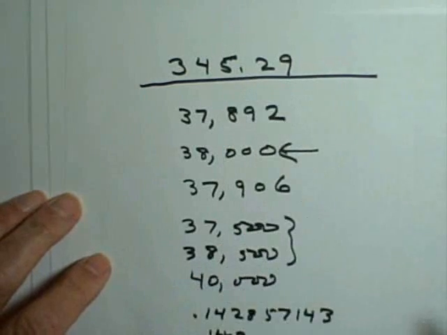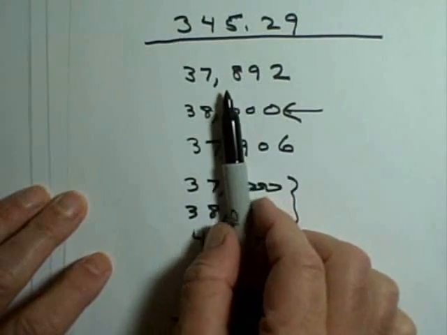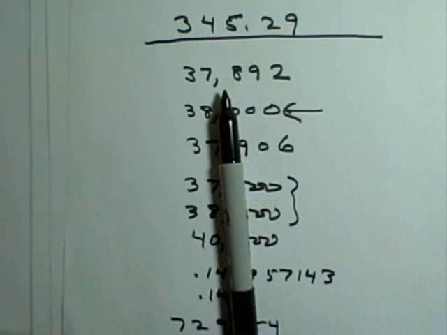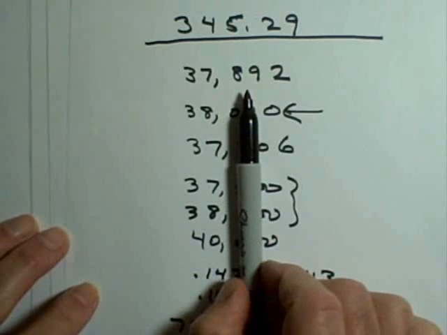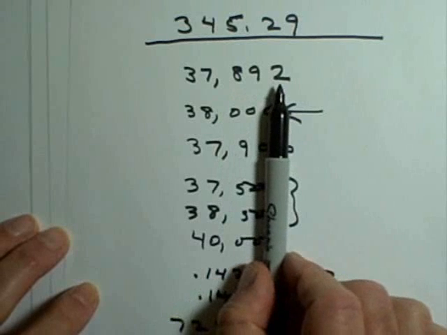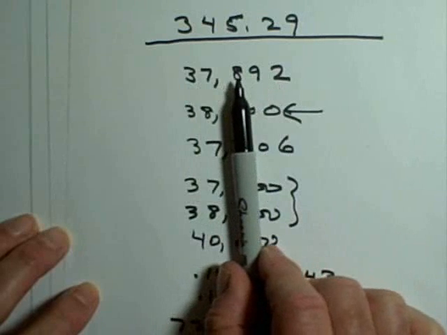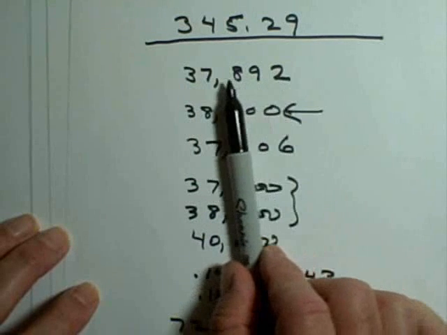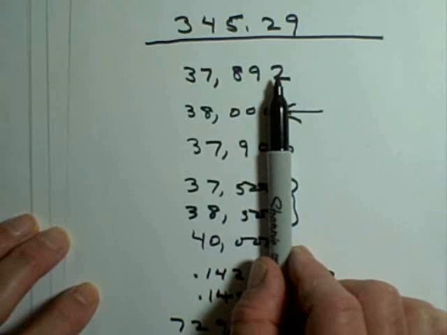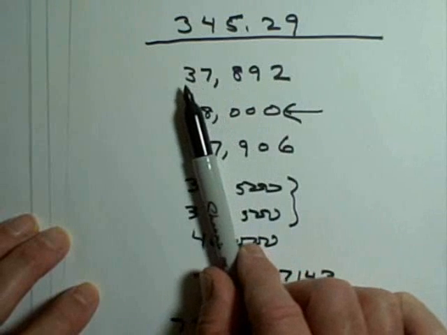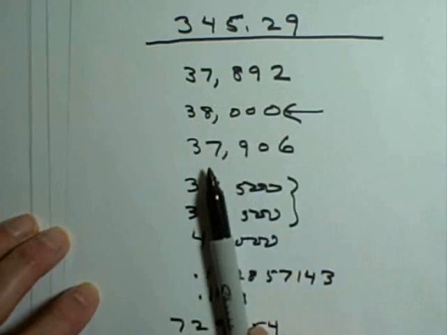Let's take, for example, suppose you were counting the number of people in a stadium, and the number was 37,892. Well, are you really sure that 2 is significant? In other words, would you bet your life that it was exactly this many, or might it be 37,891 or 895? As a matter of fact, maybe it's 37,906.